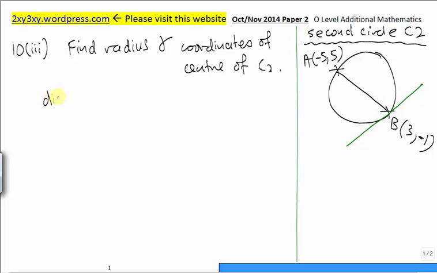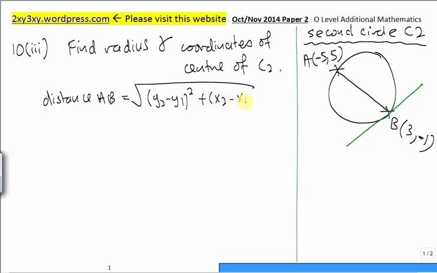So the distance AB is given by the formula square root of y2 minus y1 squared plus x2 minus x1 squared. I can call this coordinate x1, y1, and this one x2, y2.